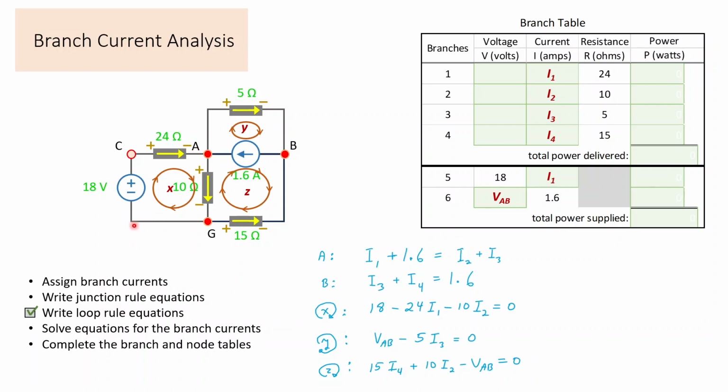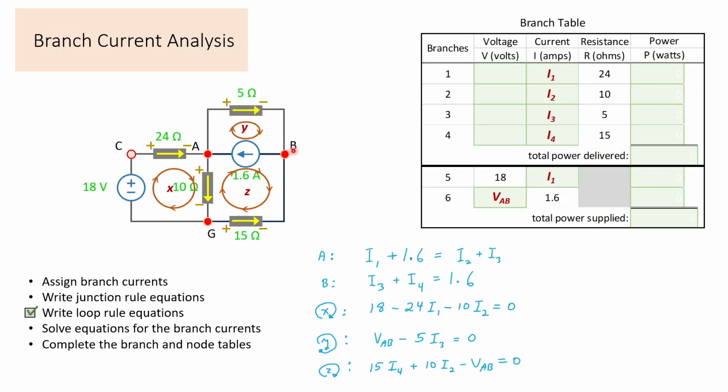So if I start in the lower left and come up minus to plus through the 18 volts, that's plus 18 volts. Then plus to minus for the 24, that's a voltage drop, minus 24 times its current, I1, Ohm's law. And then down through the 10 ohms, plus to minus, that's minus 10 times its current, I2. So that's our loop X.